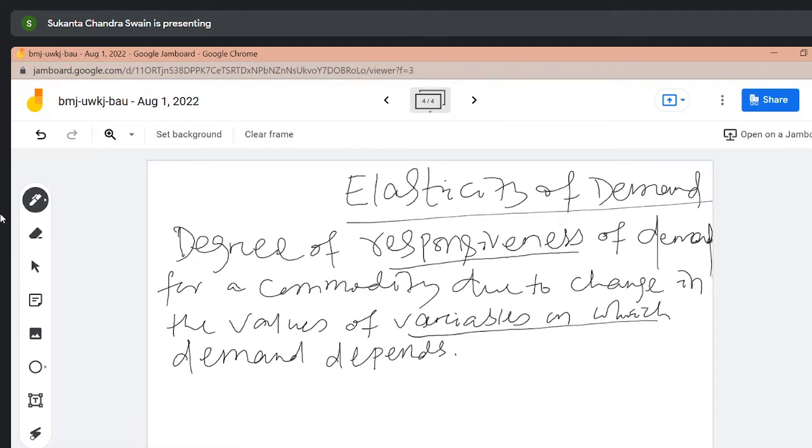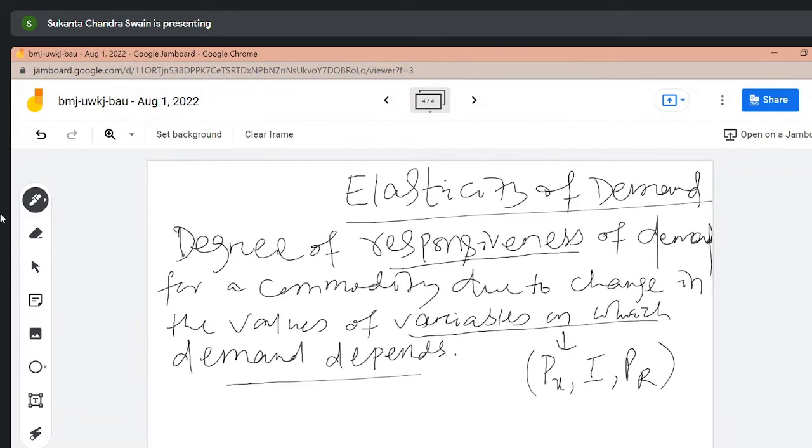Variables on which demand depends means what? There are n number of variables we have already discussed. But out of those, three important variables we have highlighted. What are those? Those are the price of the same commodity, income of the consumers, and prices of related commodities. So could you recollect?